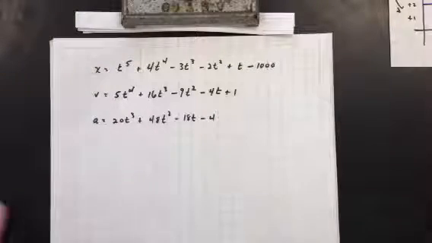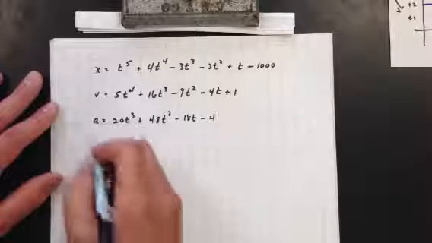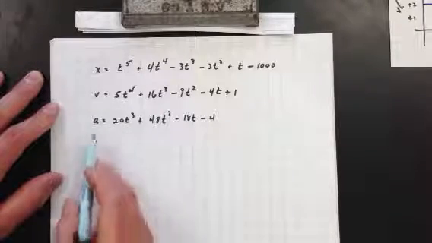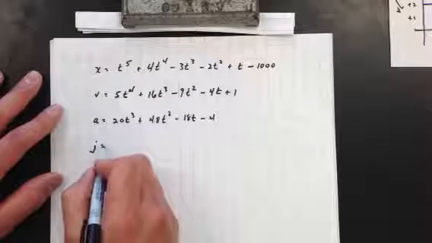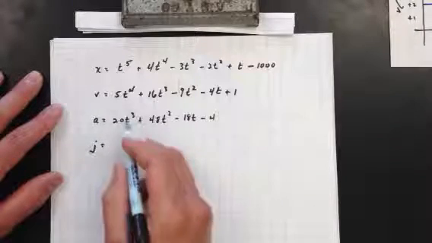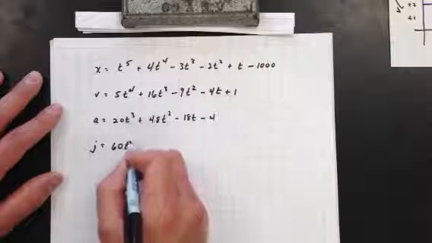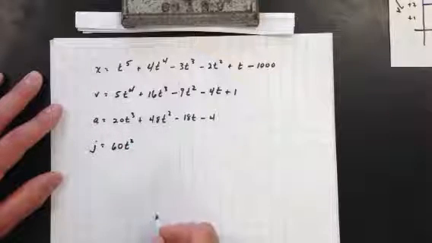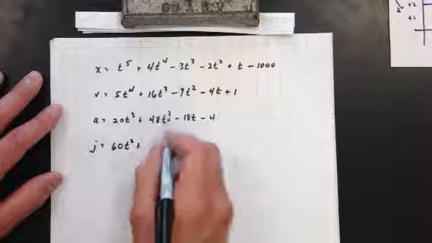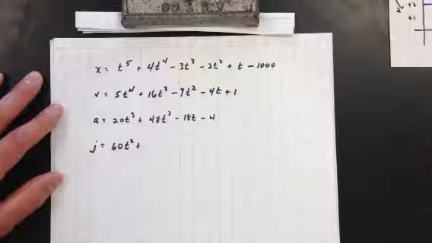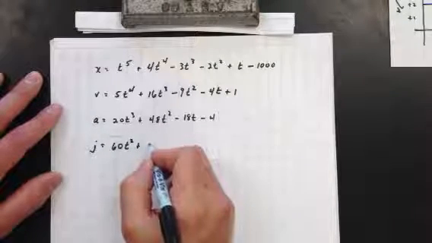So you start to see the trend here. Hey, let's do it again. Let's do the jerk, because the derivative of acceleration is jerk. So we have 3 times 20 is 60. T to the 3 minus 1 is 2. Plus 2 times 48 is 96.